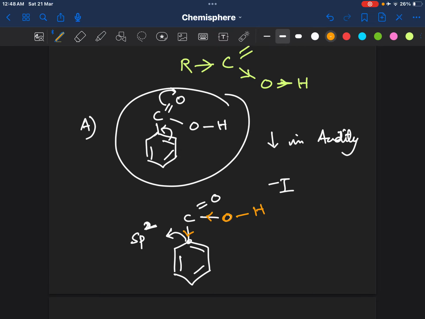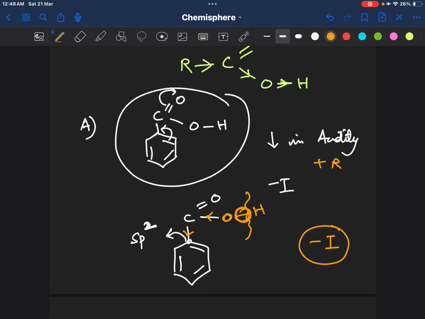Hence we can lose this hydrogen easily. Now there are two effects going on, one is plus R and one is minus I, and I said that the inductive effect is more dominant here.